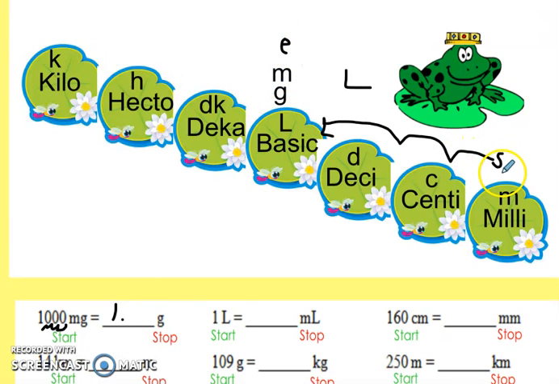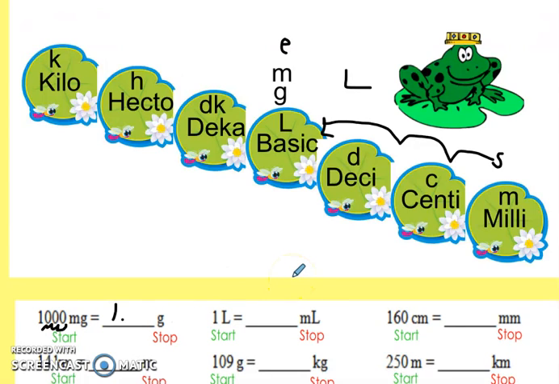And so he hopped from start to end. He hopped 3 times to the left. And so we did the same thing with our number here. We did 3 times to the left. So we went 1, 2, 3, and we found that the decimal point landed right after the 1. And so 1,000 milligrams is the same as 1 gram.